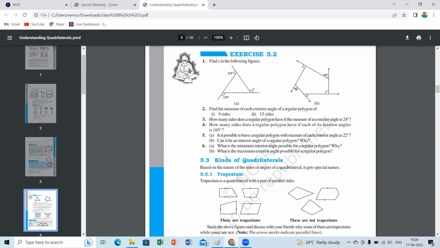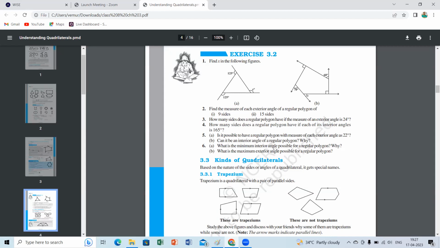Coming to question number 6. What is the minimum interior angle possible for a regular polygon? Ma'am, 60 degrees. Why 60 degrees? Because a triangle is the smallest regular polygon, right?